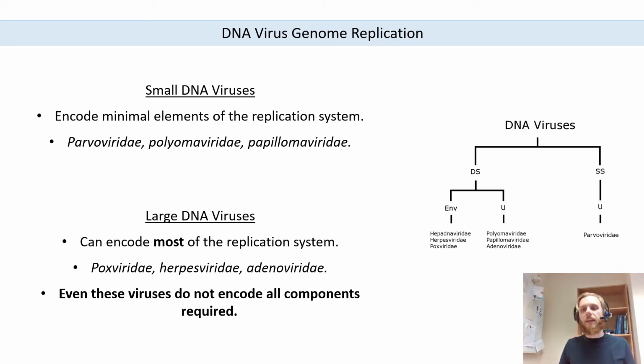These large DNA viruses tend to encode their own. So most of the enzymes that are used by these large DNA viruses in genome replication are encoded in the viral genome. Small DNA viruses only encode minimal elements of the genome replication machinery within their own genome. They rely mostly upon the host cell enzymes.